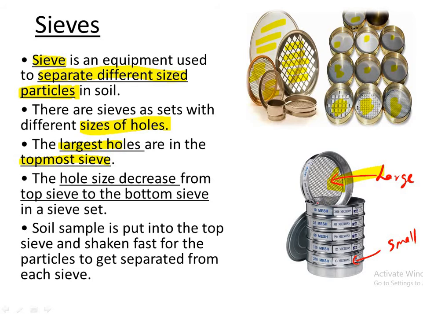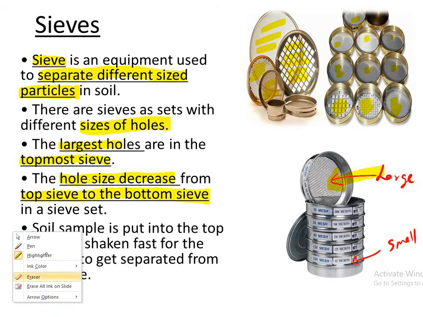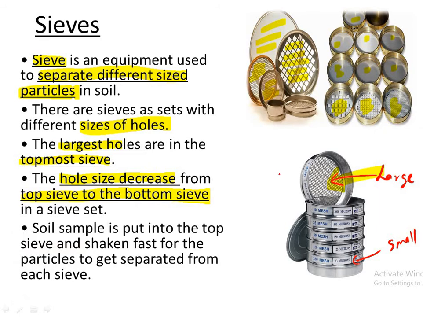In that way, we can separate the particles in this soil based on their sizes. Remember that the hole size decreases from the top sieve to the bottom sieve.